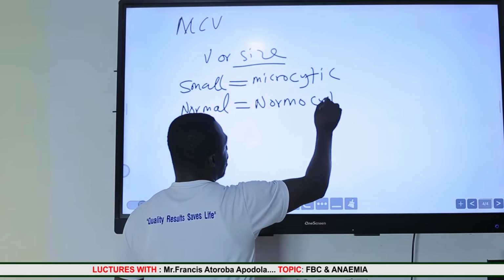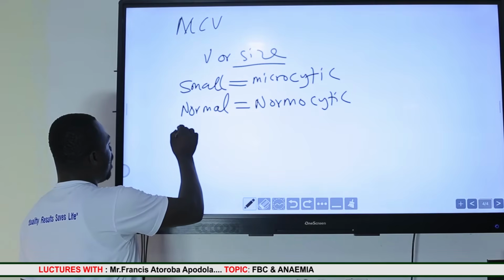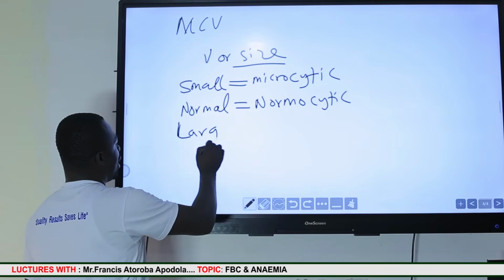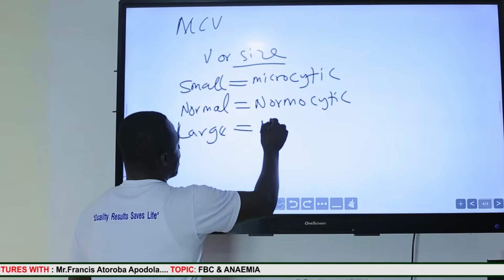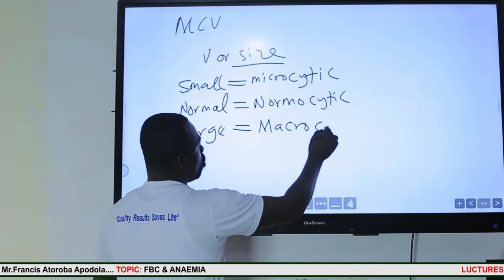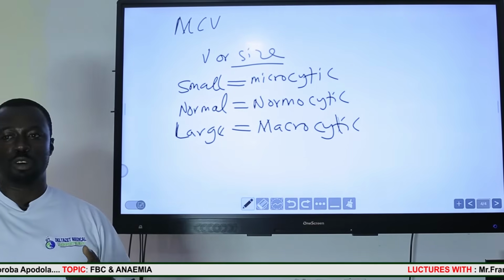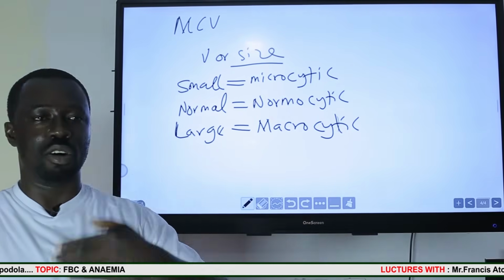And because it's a cell, it becomes normocytic. The size of the RBC can be larger, and anything large or big is macro, so macrocytic.